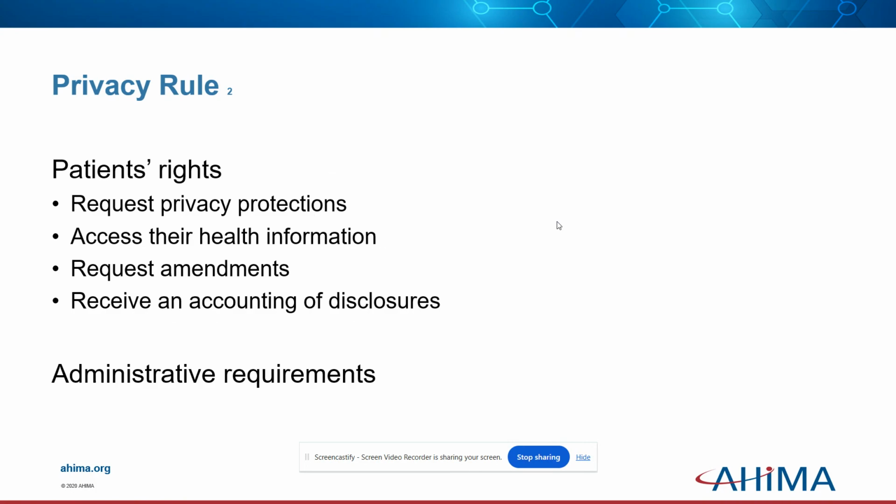When it comes to patient rights, again, determining a certain level for them to request privacy protections in terms of who has access to certain items, who may have communication with the clinical staff, receiving accounting of disclosures, and also having access to their own personal health information.